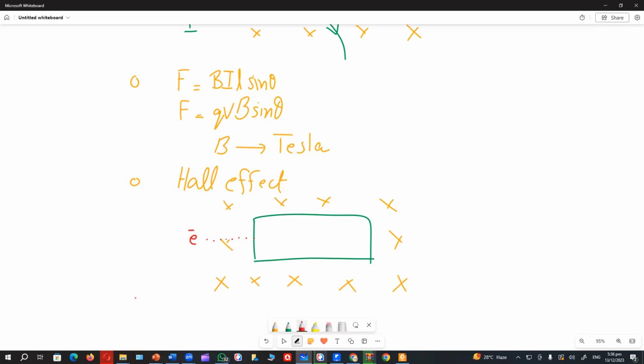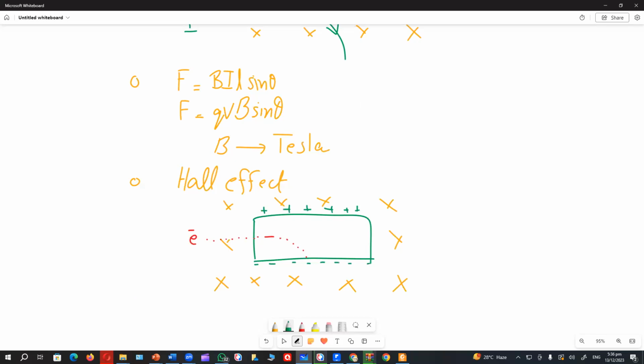The magnetic field forces the electrons to bend downward. When electrons bend downward, they produce a negative charge on the lower plate. This induces a positive charge on the top plate.